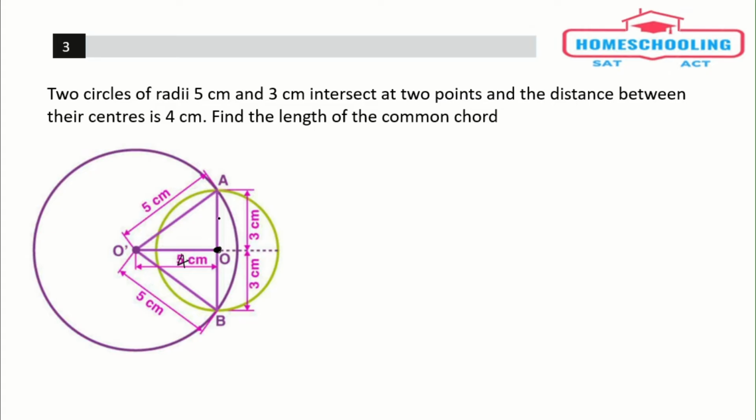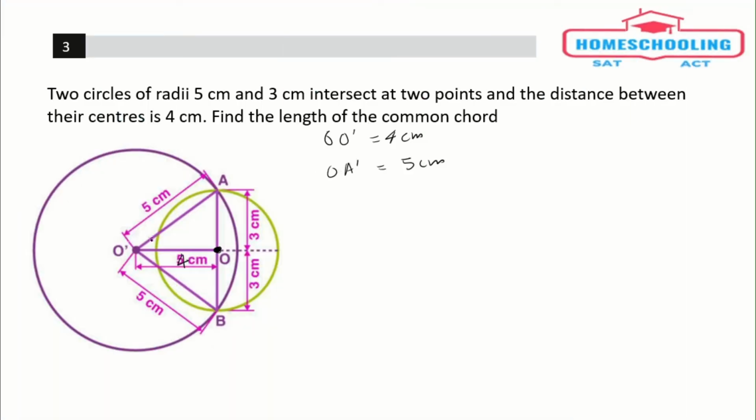As we can see, AO and OB. Let's say OO dash is 4 centimeters, O dash A is 5 centimeters, because this is a radius of the bigger circle. Similarly, this is a radius, so it is 5 centimeters.